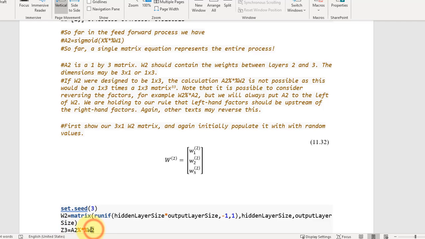We're trying to stick to that here, so that we wouldn't write W2 times A2, besides the reason that it just doesn't work in terms of the dimensions, but also because we want to put something upstream to the left of something downstream. And again, note that other texts may not do this. So you could get confused. So you need to confirm in another text, if you're reading it, what kind of conventions they're using here.